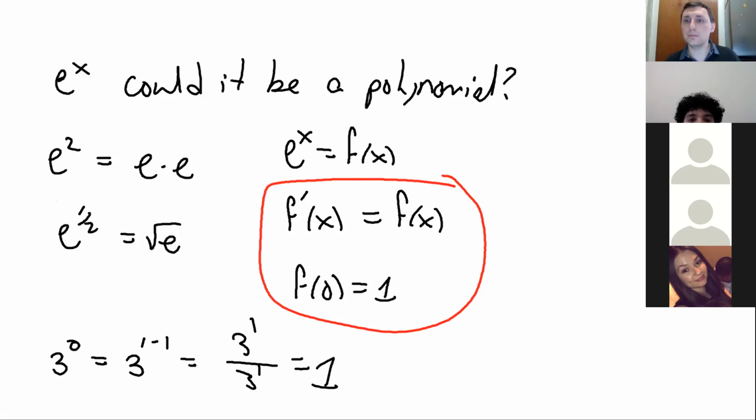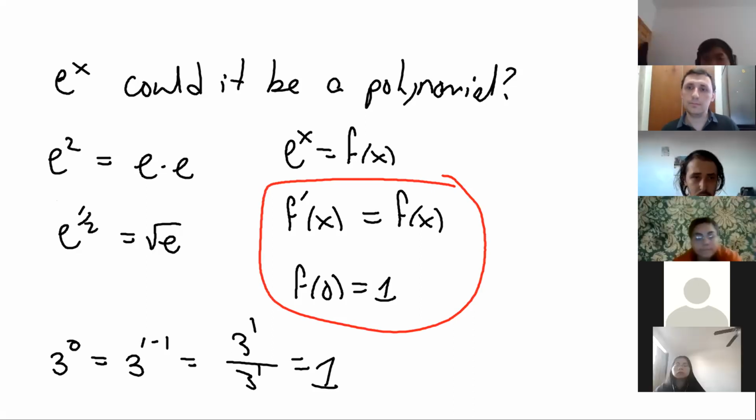Now, again, I'm asking you guys, could a function like this be a polynomial? No, Christina, you say no. Then why no?